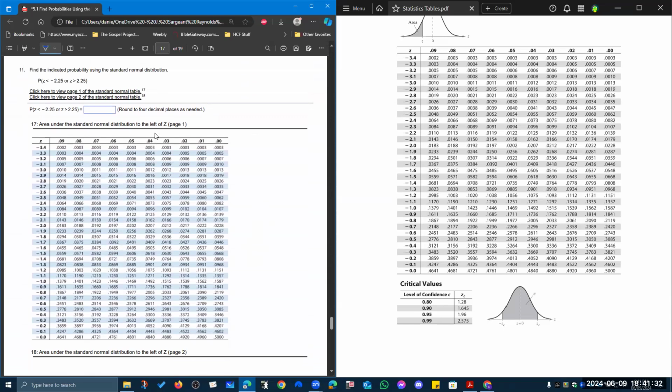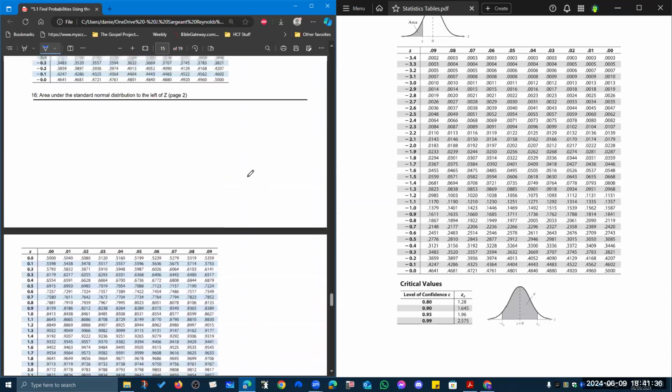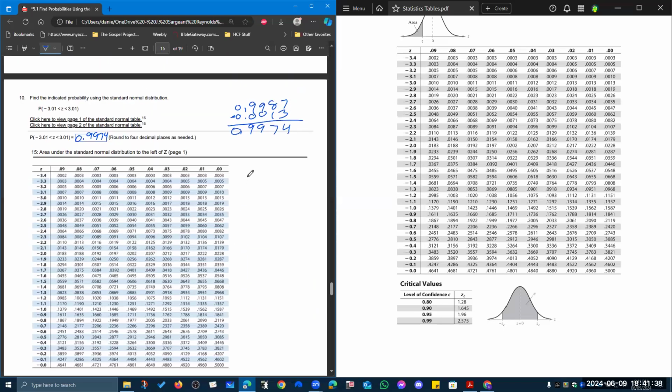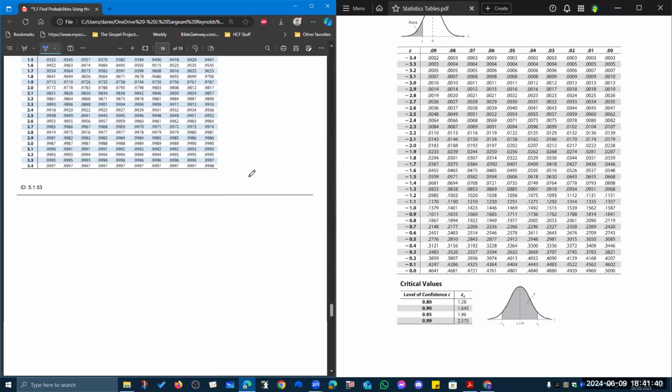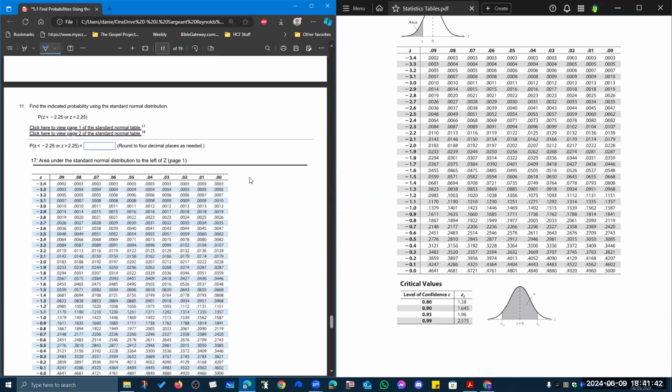This is one of the ones that is, make sure this wasn't the same thing. That was between. All right, so this is one of those doubling something. So we want these tails here, negative 2.25, positive 2.25. I'm going to look up negative 2.25 and double it.